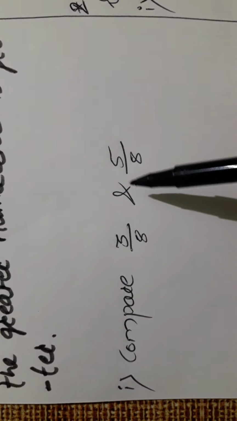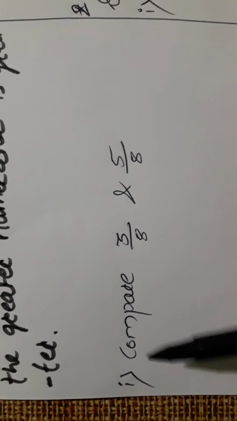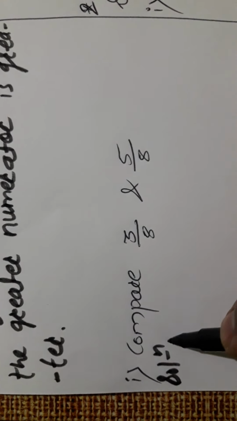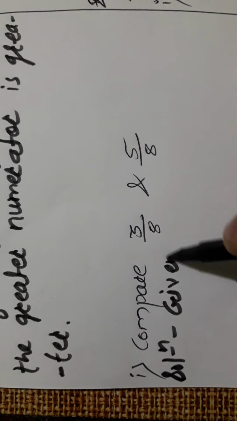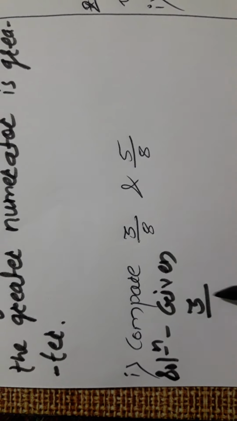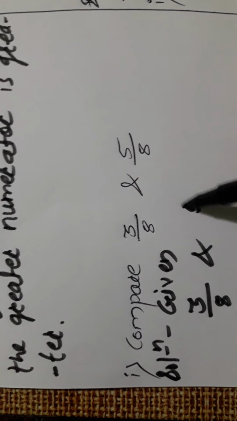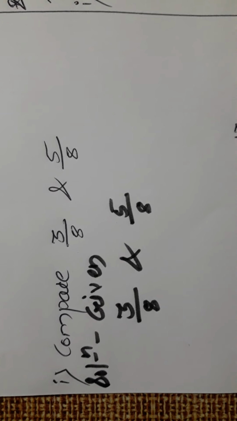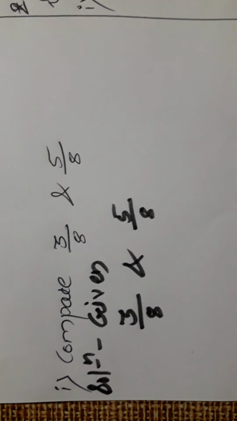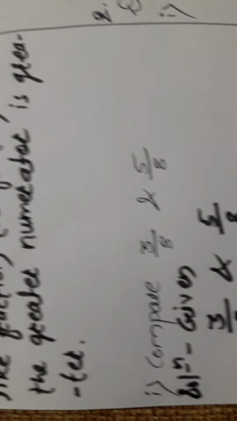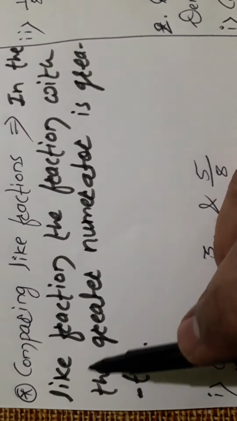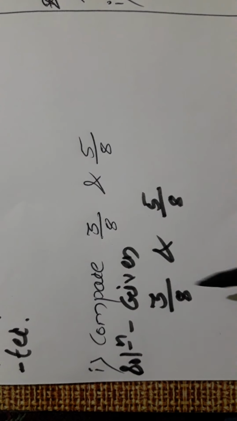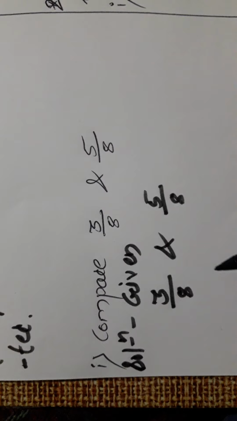Compare 3/8 and 5/8. Compare means we have to decide which is greater and which is smaller. Solution: given 3/8 and 5/8. What I told here, look here, in like fractions, the fraction with the greater numerator is greater. See here, both are like fractions because the denominator is the same.